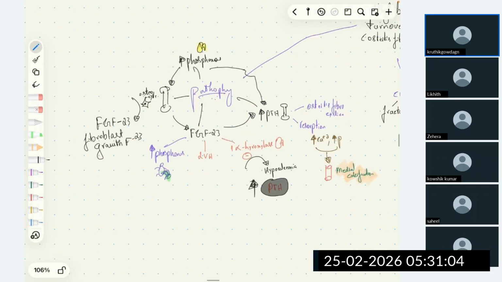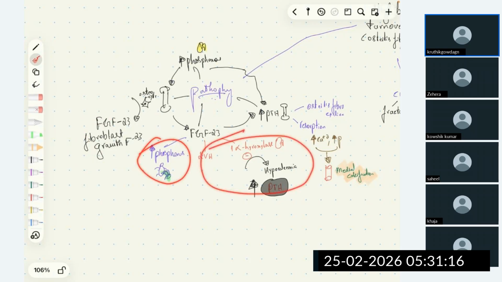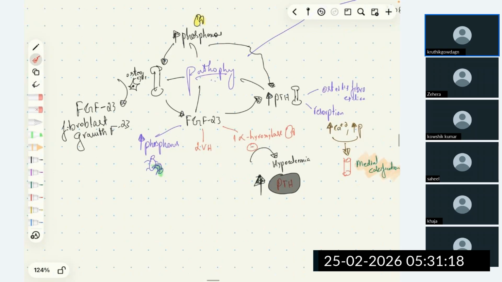Previously, it was thought that FGF23 is the hero. But with time, we got to know that it's both hero and villain. Why? Because FGF23 was thought of as a hero because it increases the phosphorus excretion, thereby reducing the phosphorus levels and thereby reducing the secondary complications due to increase in phosphorus.